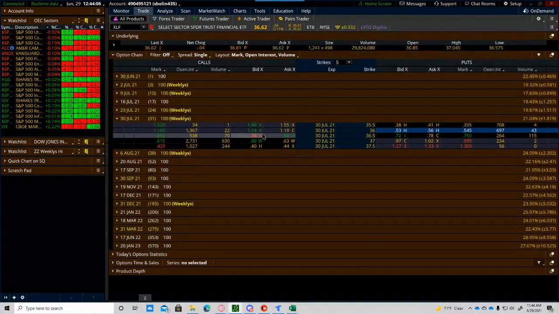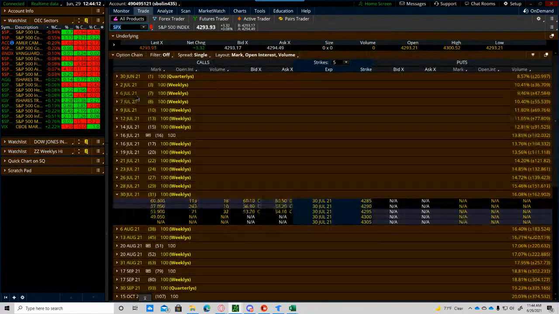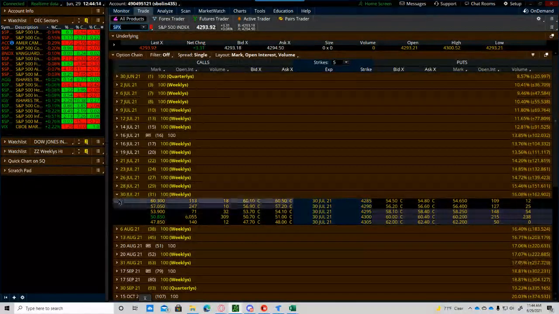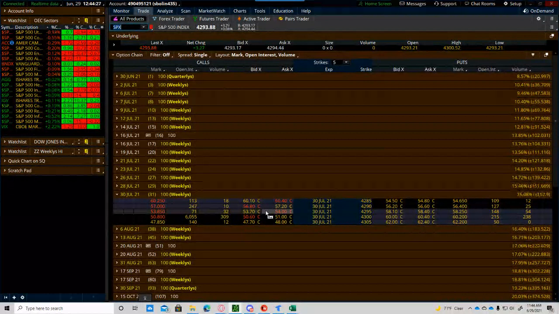Okay, well, that's not too bad. The SPX is a $4,300 product, and it has a 40-cent bid-ask spread. That's a $40 bid-ask differential. It's a big difference, but it's a bigger product.